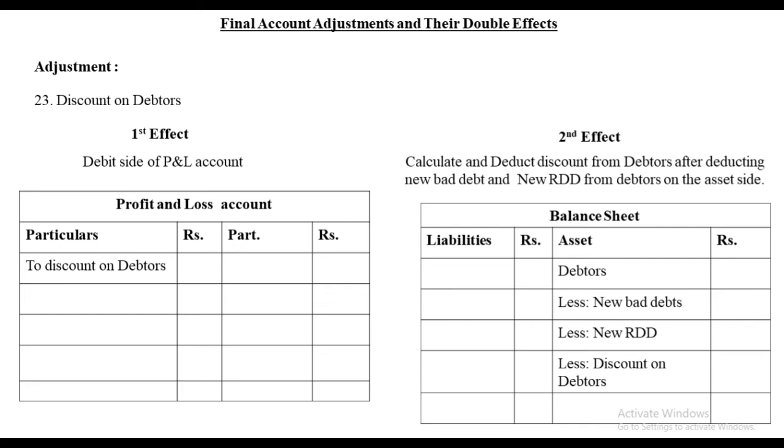After that, whatever amount is remaining, on that discount on debtors is calculated. First effect will come on the debit side of P&L account. Second, it will get deducted from that same debtors and it will appear in the outer column. Again, a very important adjustment, adjustment number 23.